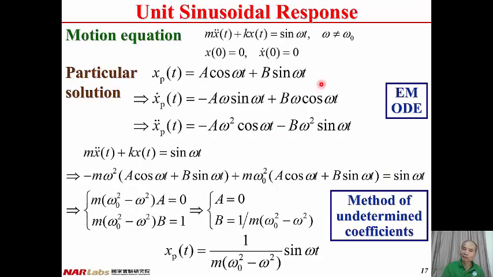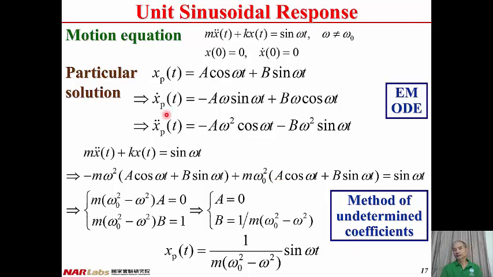And then we consider the particular solution. There's another part of the solution of the non-homogeneous ordinary differential equation. Because the forcing function here is sine omega t, from the method of undetermined coefficients, x_p(t), the particular solution, can be expressed as a cosine omega t plus b sine omega t. a and b are coefficients to be determined by the method of undetermined coefficients.